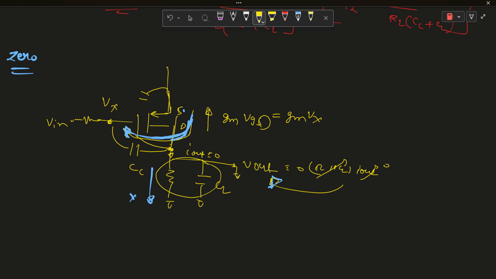So we can say the Vs node is at zero. That's why Vs is zero.